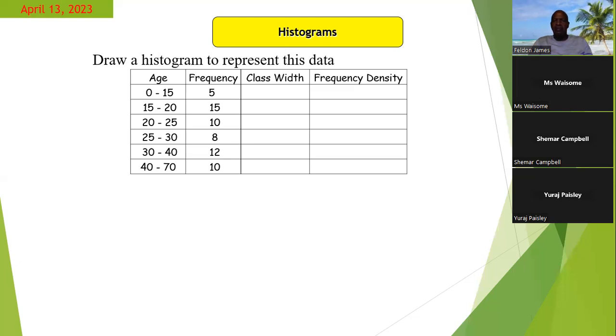Right. So it means then you would have to calculate the class width of each of these. And if you go ahead and calculate the class width, you should get the class width based on these.